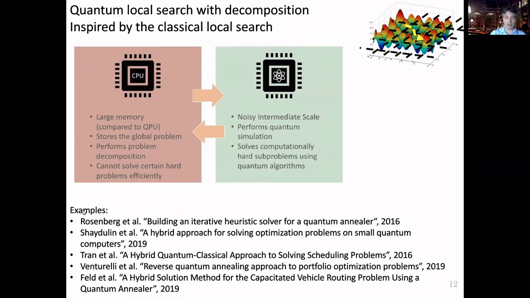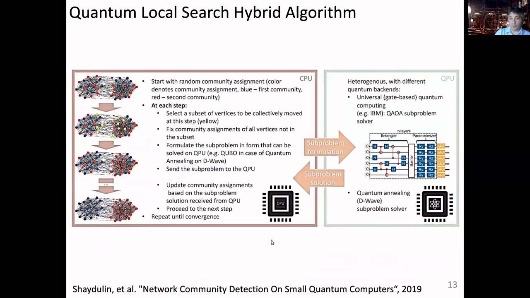There exist lots and lots of different approaches applied on many different architectures, on gate-based architectures, on quantum annealing architecture. Here are a few recent examples for solving the community detection problem, scheduling problems, portfolio optimization, vehicle routing, and so on.